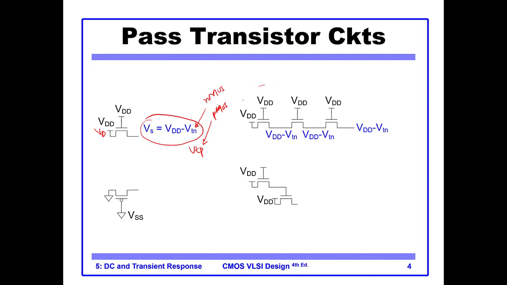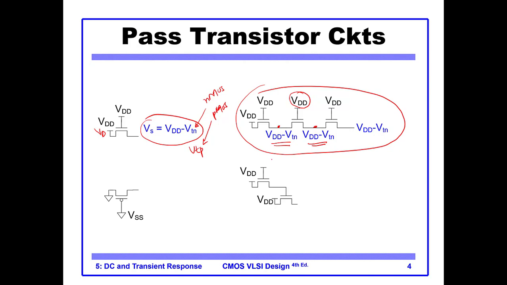Okay, so if you have this circuit, then the voltage here is VDD minus VTN, and the voltage here is also VDD minus VTN, because it's always with respect to the gate voltage.